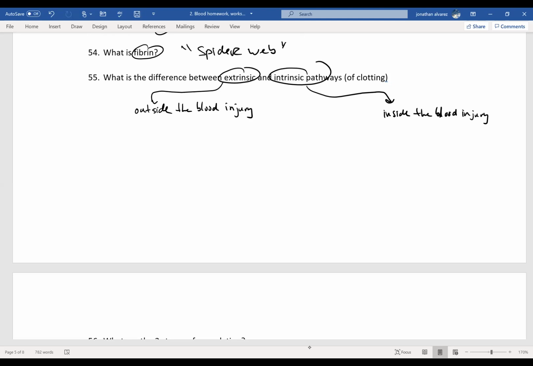So there's damage, and then the factor, I'm skipping some steps here for simplicity. Factor 7 is released, which activates factor 10.